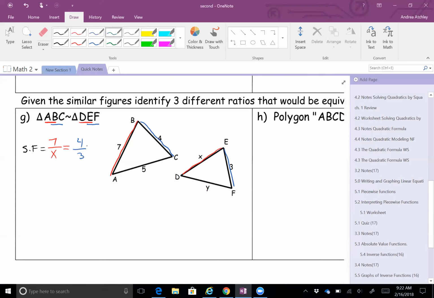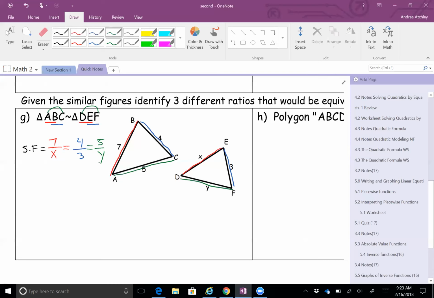And then the last ratio would be AC, which is 5, over DF, which is Y. Any questions over that? So that is our different ratios: 7 over X, 4 over 3, and 5 over Y.